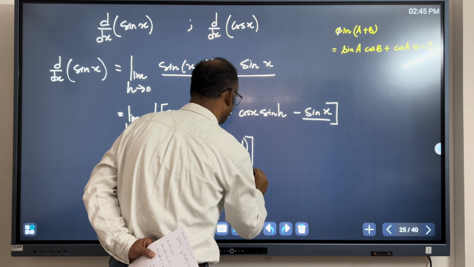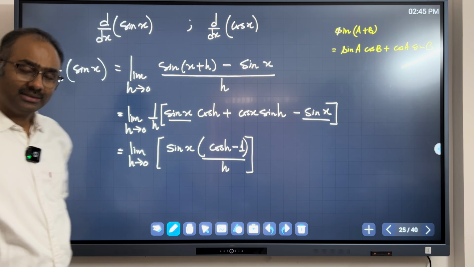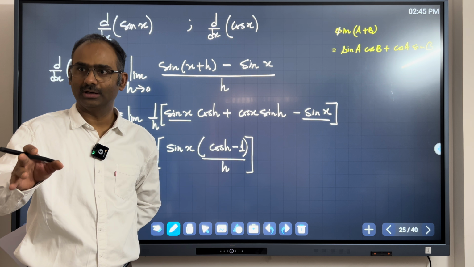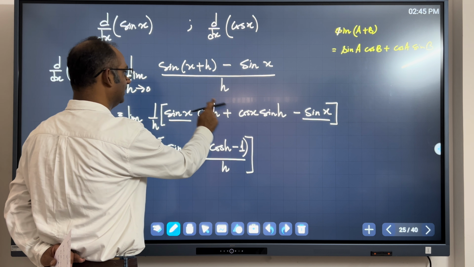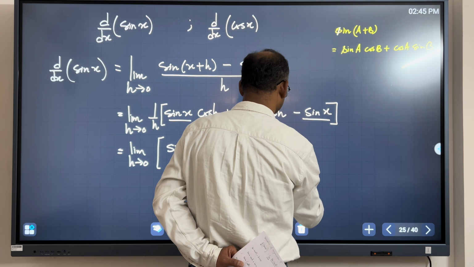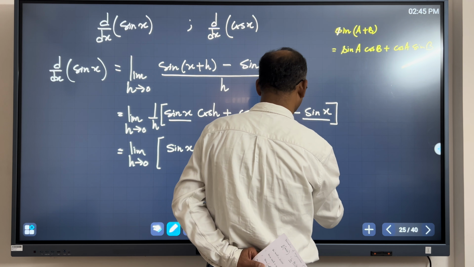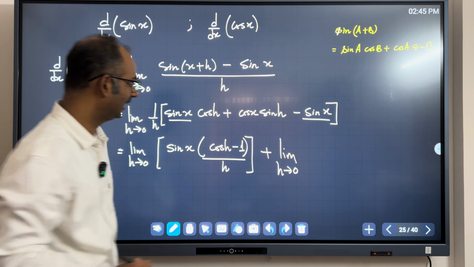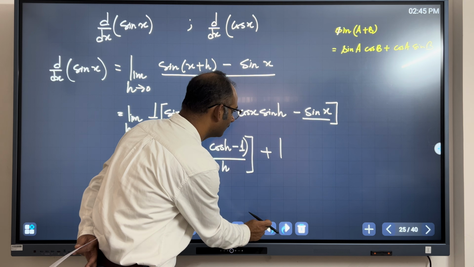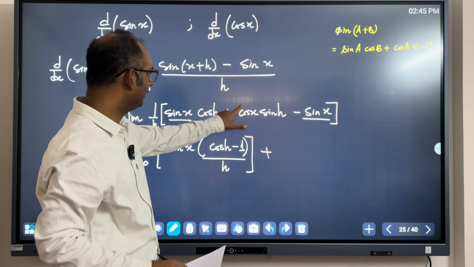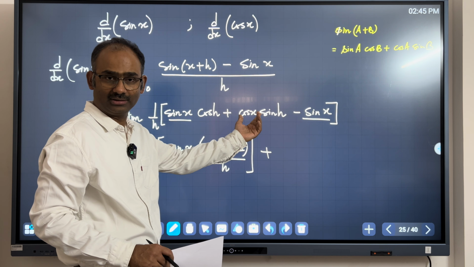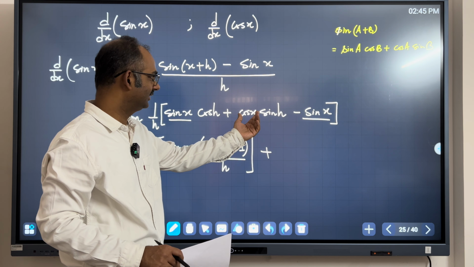Okay, remember, limit of sum of two functions is sum of the individual limits. So I have taken these two for now. Now this one is left. So plus limit h going to 0 cos of x sine of h. As far as cos of x is concerned, there is no h. Since there is no h in it, it's a constant for the limit process. So that comes out of the limit.